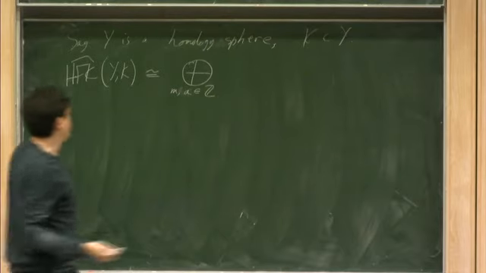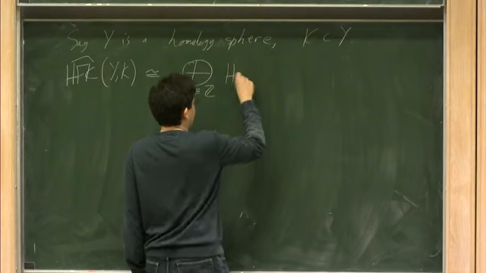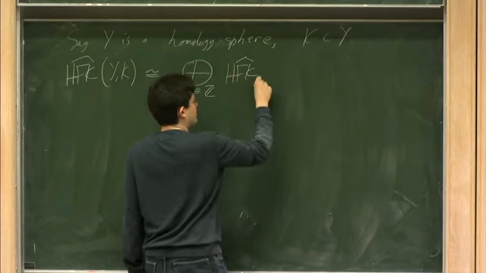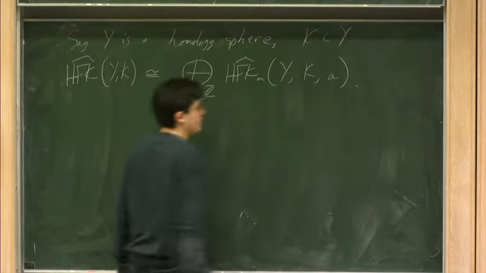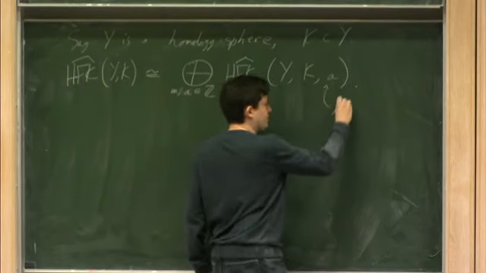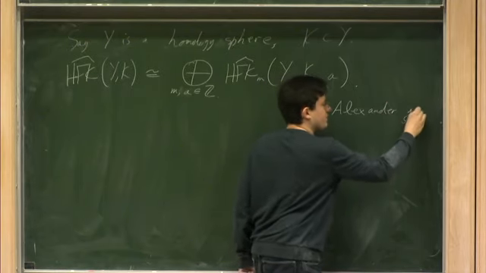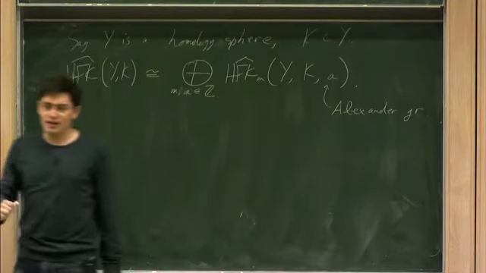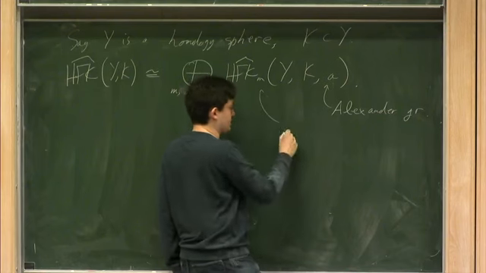Okay, and the statement of the bigrading is that traditionally we write it this way. So this is the Alexander grading. Okay, and then this, the M, is going to be the Maslov or homological grading.